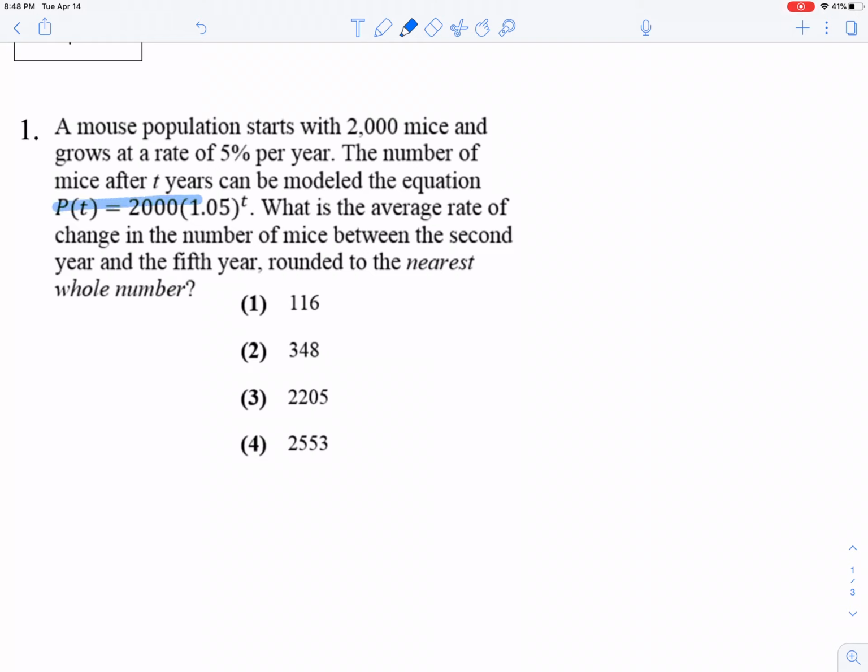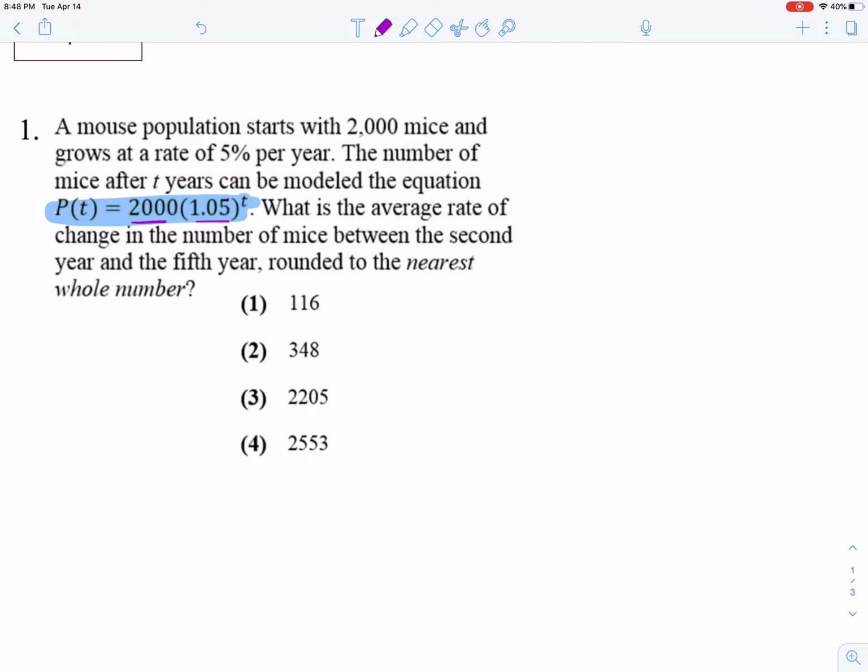So what we're interested in right now is the table for this function. This function shows that you're starting with 2,000 mice and you're increasing by 5%. You learned that in algebra, how to write an exponential equation given that information. Here it gives you the equation.